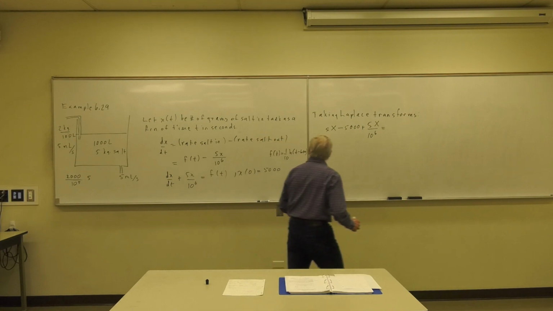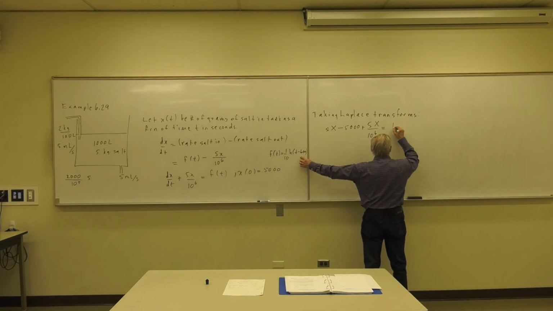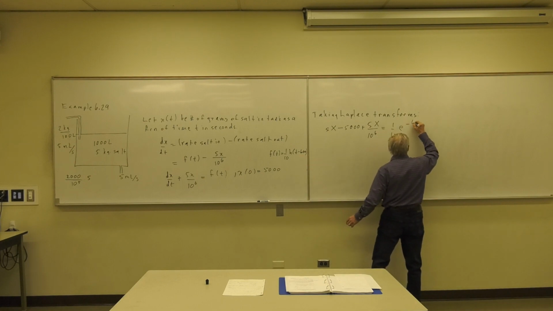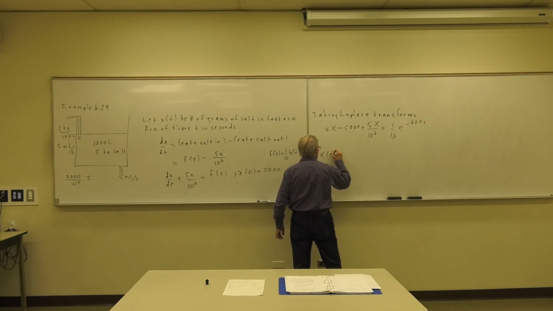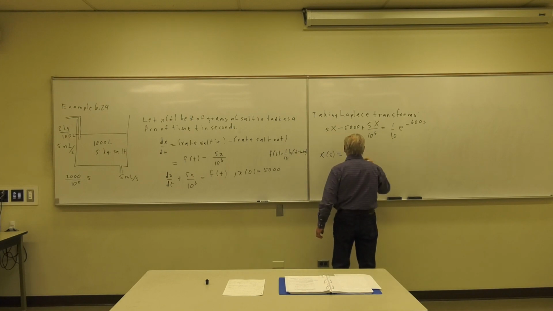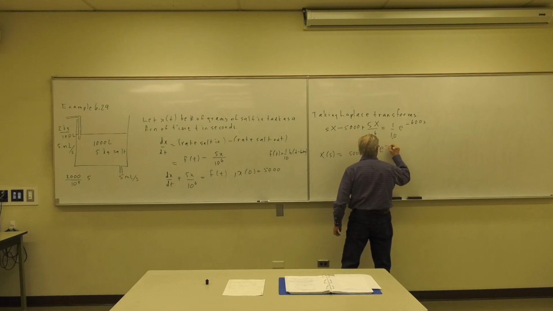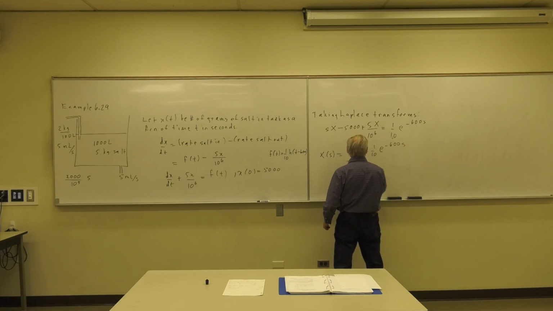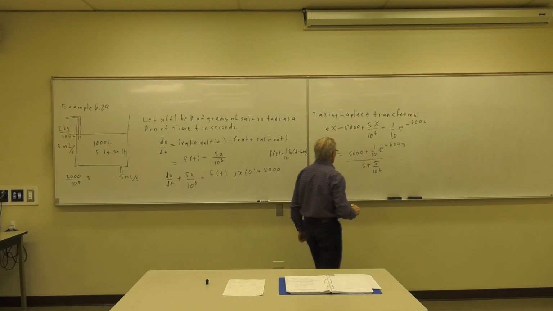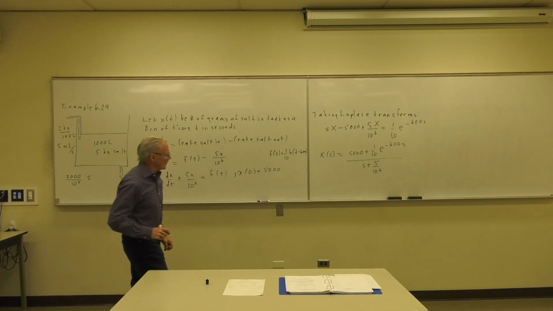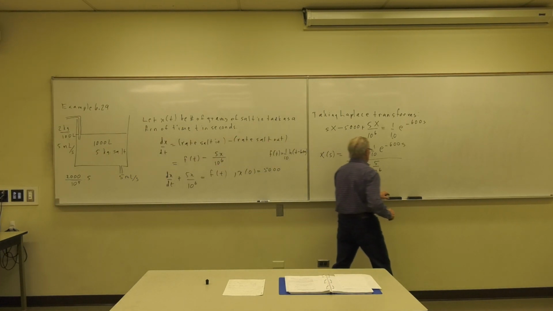1/10, yes. Laplace transform: 1 over 10 e to the minus 600 s, yes. Solve it. X of s is equal to 5,000, and then divide by s plus 5 over 10 to the 6th. So there's the Laplace transform. What we want, all we have to do is invert it.